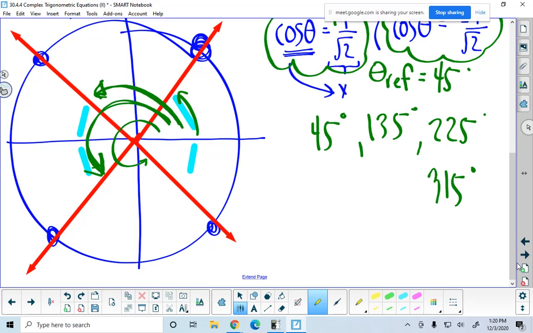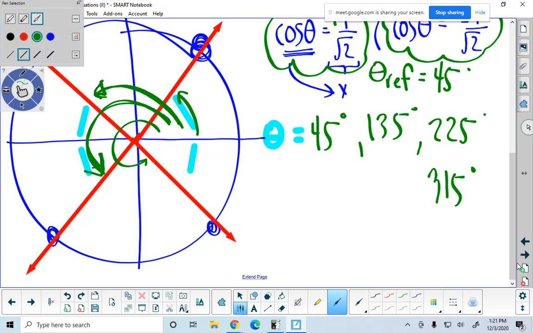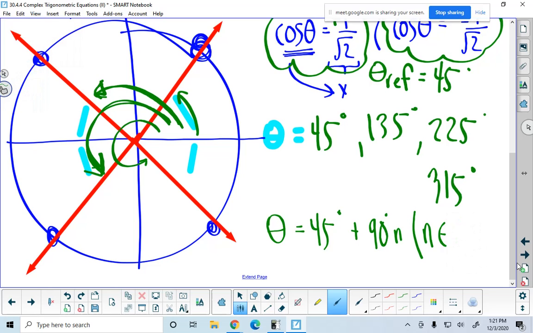So for the general solution, this is the solution from 0 to 360. For the general solution, we could say theta equals 45 degrees plus multiples of 90. Any questions with this example?